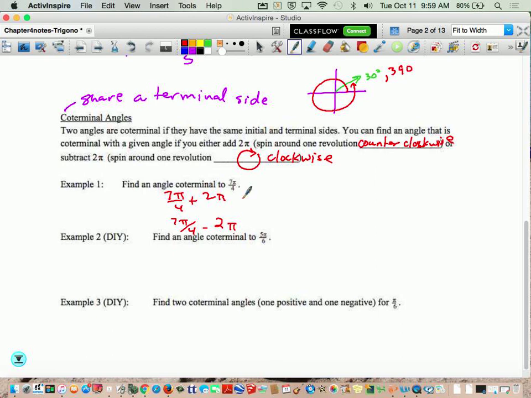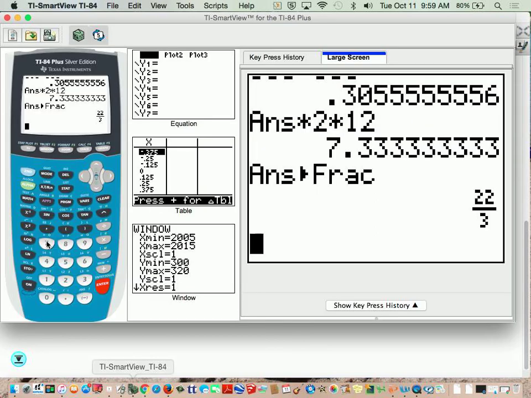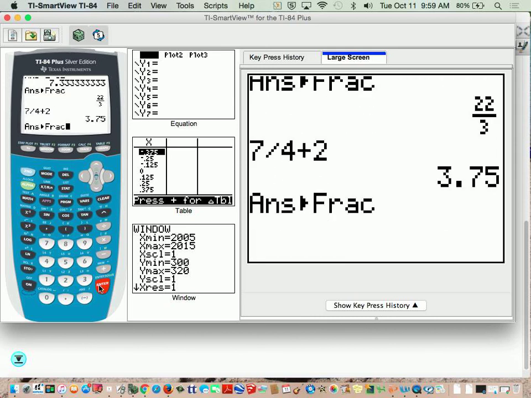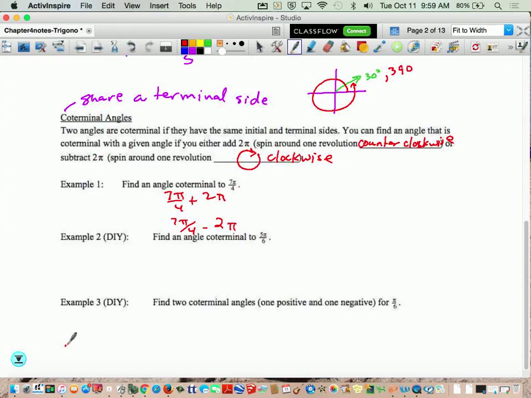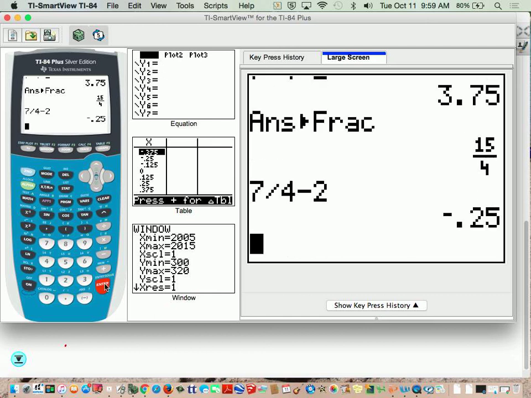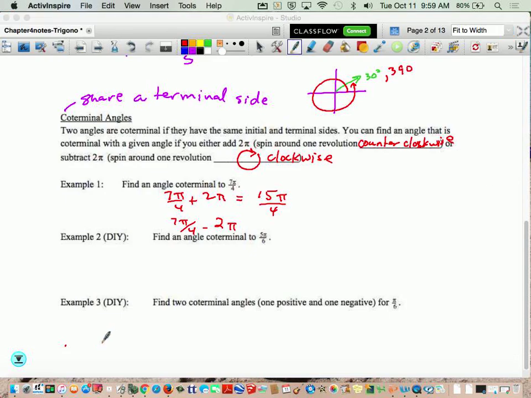Now the easiest way is to use a calculator. You could get a common denominator, that's fine. But if you take 7 divided by 4 and you add 2, then hit math, enter, enter, it brings you right back to 15 over 4. So 15 over 4 pi. Do it the other way, 7 divided by 4 minus 2. Math, enter, enter. So I take pi out and I put it back in.